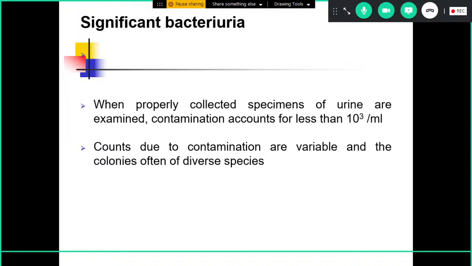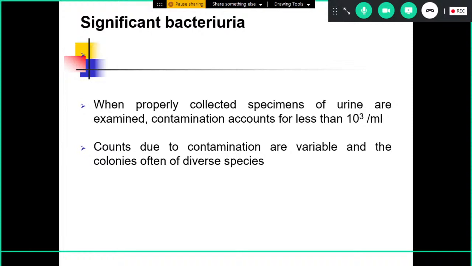Do you follow? Not only is the count low, but the bacterial species are diverse, to distinguish contamination from the significant bacteria. Another very important aspect to remember when we talk of contamination, I will come to it in microscopy.